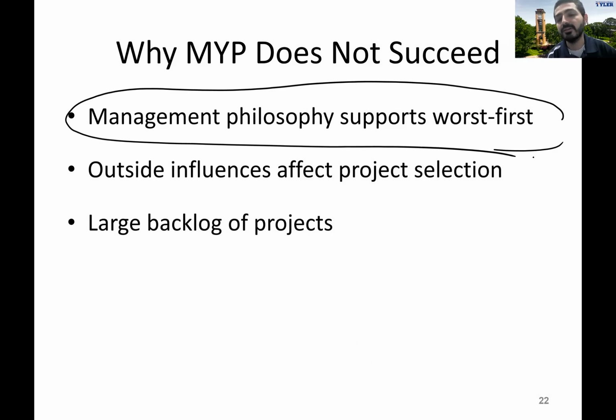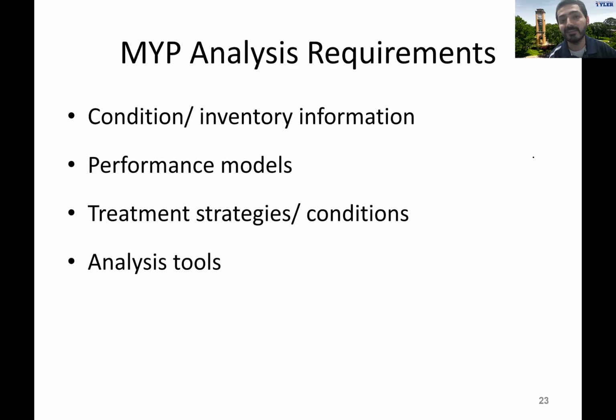You're going to rank them from worst to best, and you're going to fix the worst first. And sometimes there are outside influences that affect the project selection. Lots of reasons you could think of, and also the large backlog of projects. So those are some of the reasons why sometimes multi-year prioritization doesn't succeed.